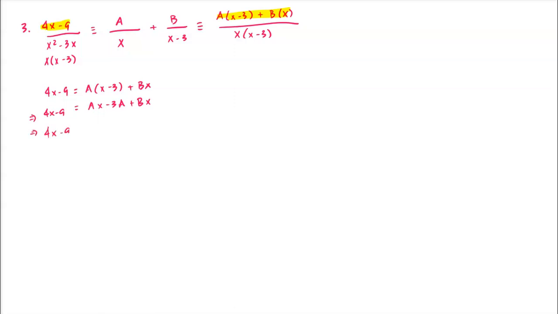I'm going to group them together, the a's together, factor out: (a + b)x minus 3a. So 4x minus 9 implies a + b is 4, and minus 3a is negative 9.